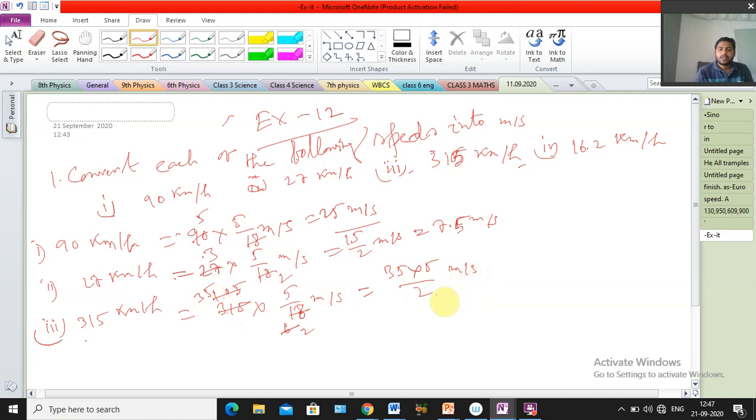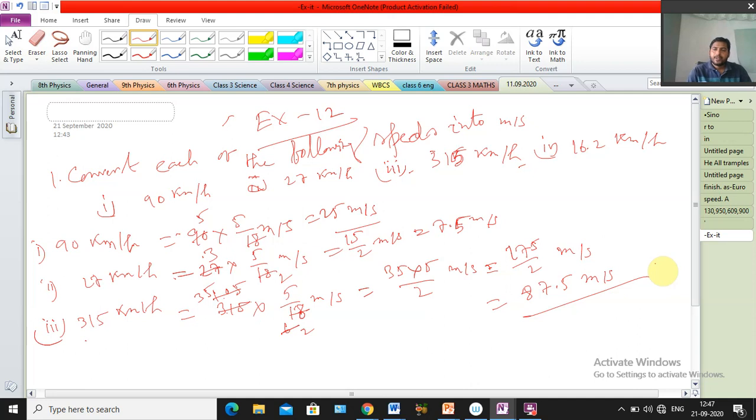Do the multiplication here: 5 times 5 is 25, 5 times 3 is 15 plus 2 is 17, so 175 by 2 meter per second. That means we are getting 87.5 meter per second. Clear? This is a little calculation, so you can try it also, no problem.